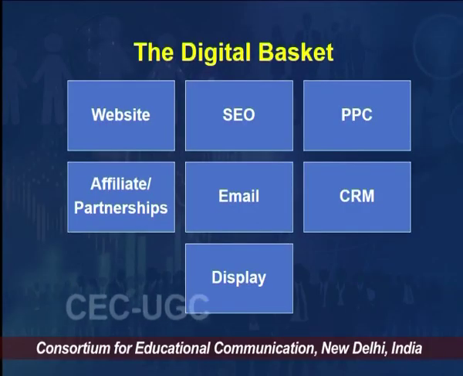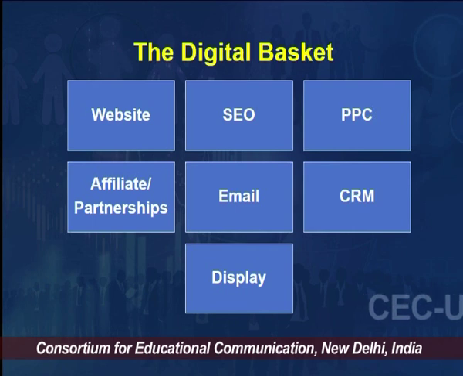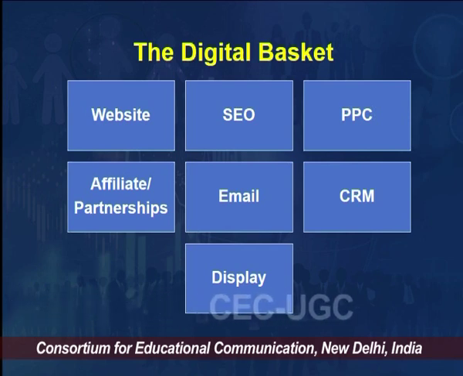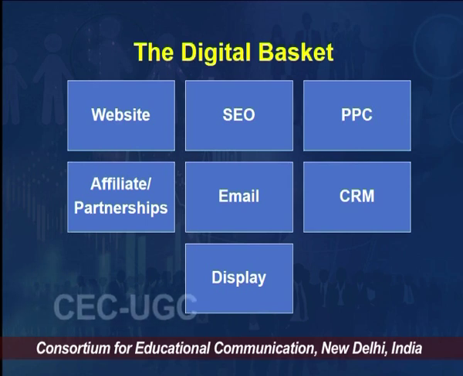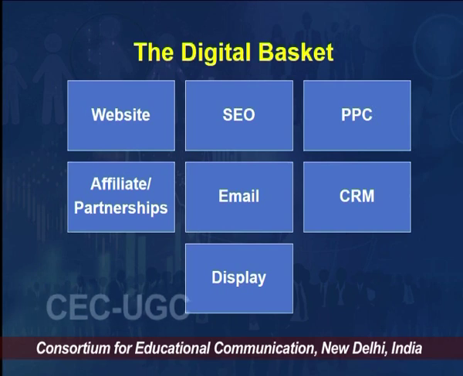You have your own website, which is an own medium, an own channel, search engine optimization, PPC, which is similar to CPC, pay per click or cost per click, right? Affiliates, networks or partnerships, email that you can use extensively, customer relationship management, CRM, display which comes in a big way, and then we can have a healthy combination of these also.